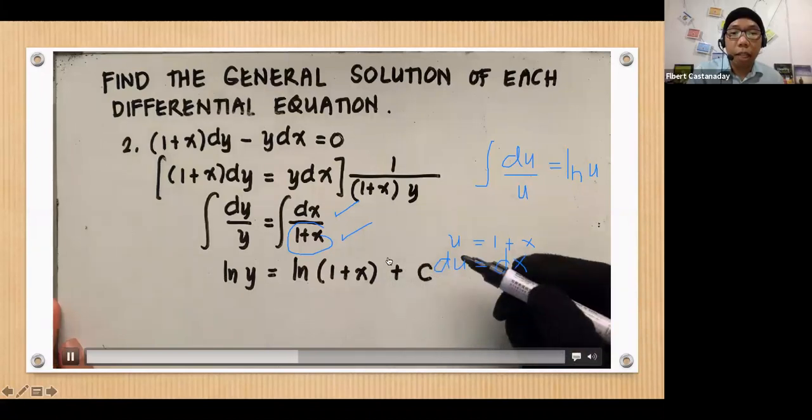Now, maglalagay ako ng plus c, pero pwede ko pang i-simplify ito since each of the terms here, ln, naka-logarithmic na siyang function. So kapag naka-ln, each term pwede kong i-simplify.